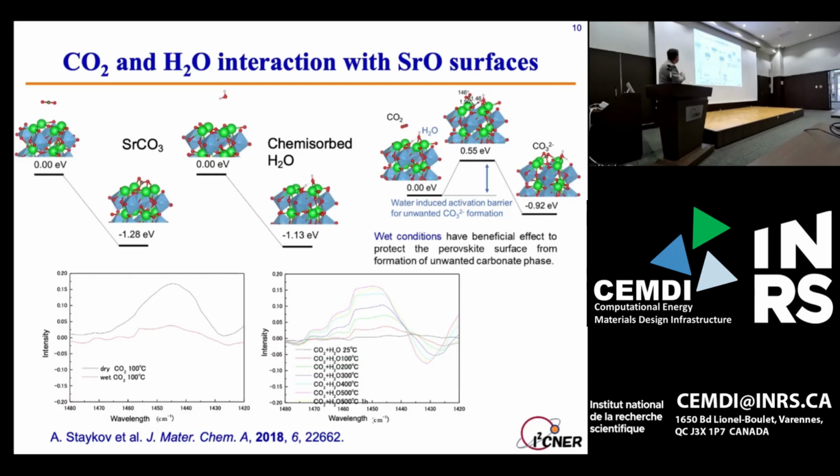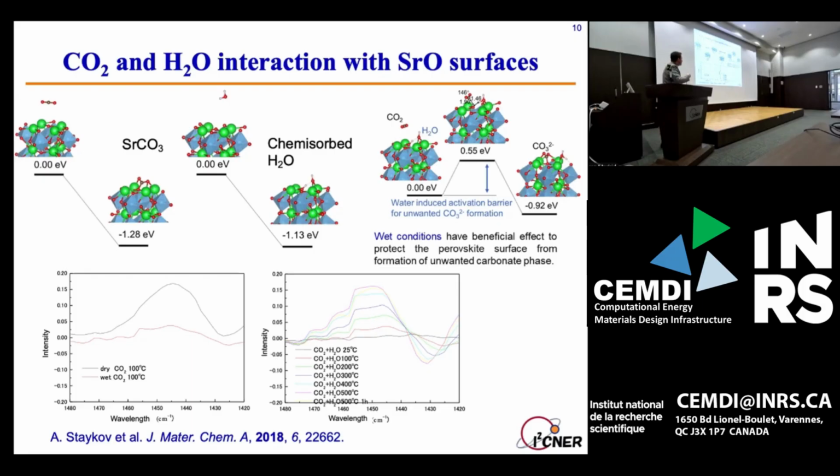And we saw that both molecules will interact with those surfaces without any activation barrier and form either surface hydroxide or surface carbonate. What we, however, saw is that surface carbonate will completely block the oxygen exchange reaction, while surface hydroxide will actually enhance it and will have no negative effect on it.